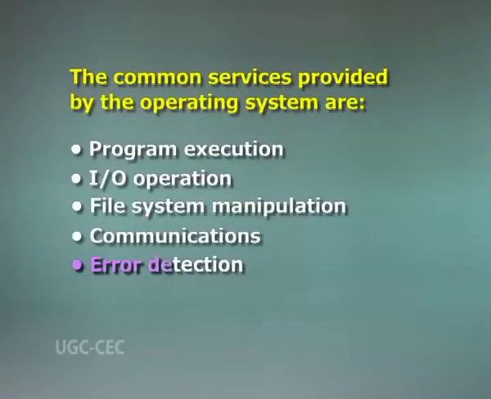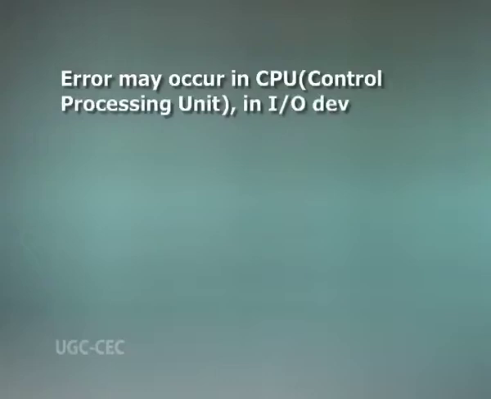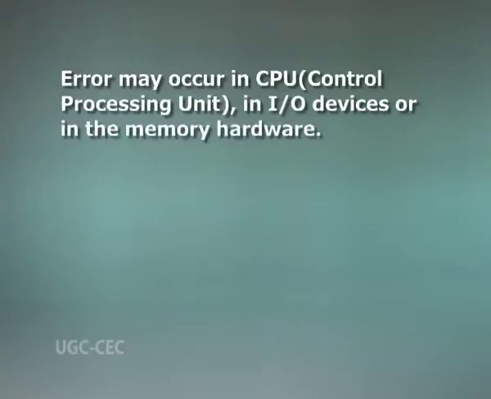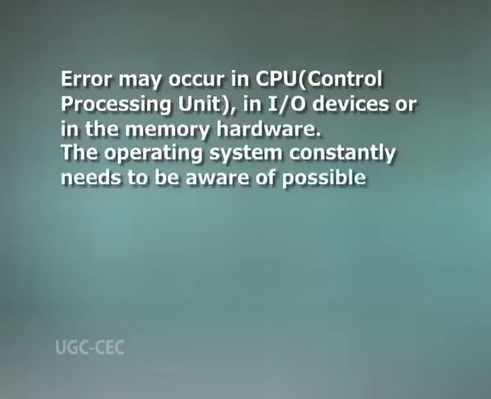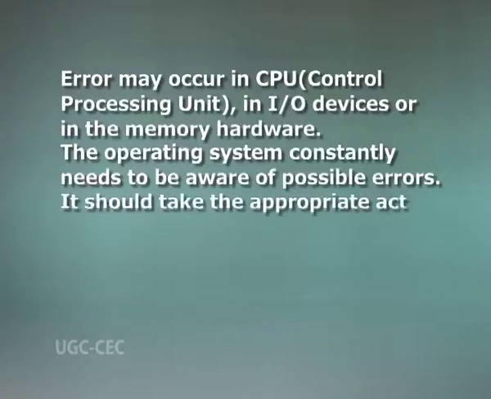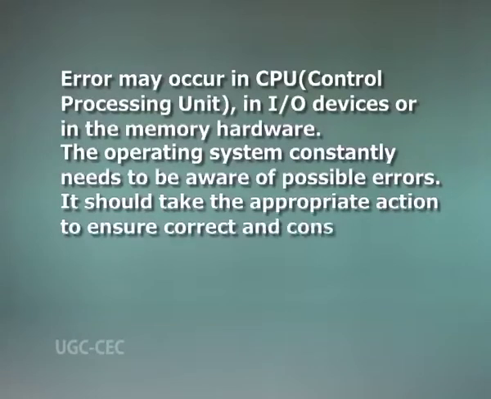The fifth is error detection. Error may occur in CPU, that is central processing unit, in input or output devices or in the memory hardware. The operating system constantly needs to be aware of possible errors. It should take the appropriate action to ensure correct and consistent computing.